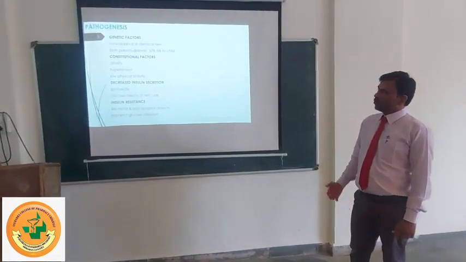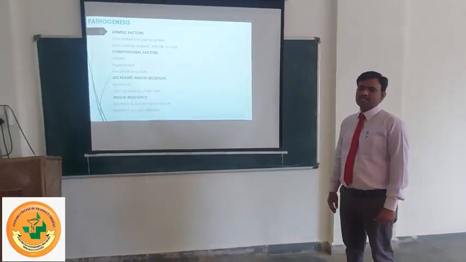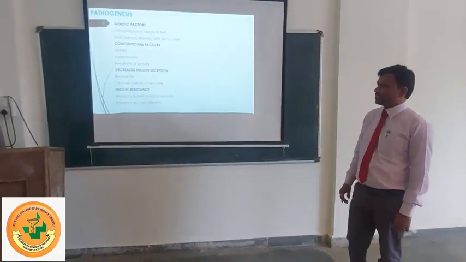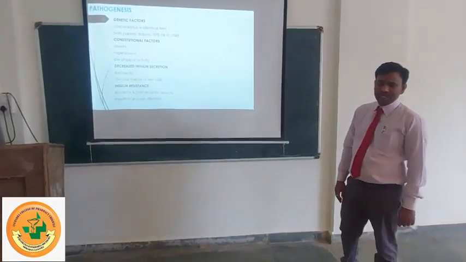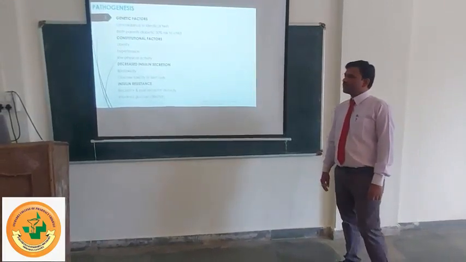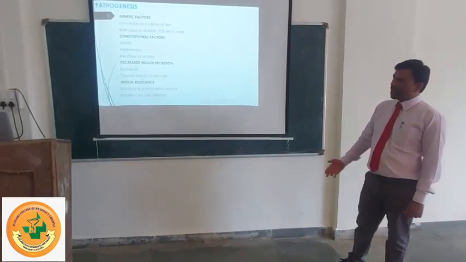If both parents have diabetes, there is a 50% risk that their child will suffer from diabetes mellitus. Constitutional factor: as we discussed, obesity is one of the reasons. Obese persons suffer more from diabetes mellitus.